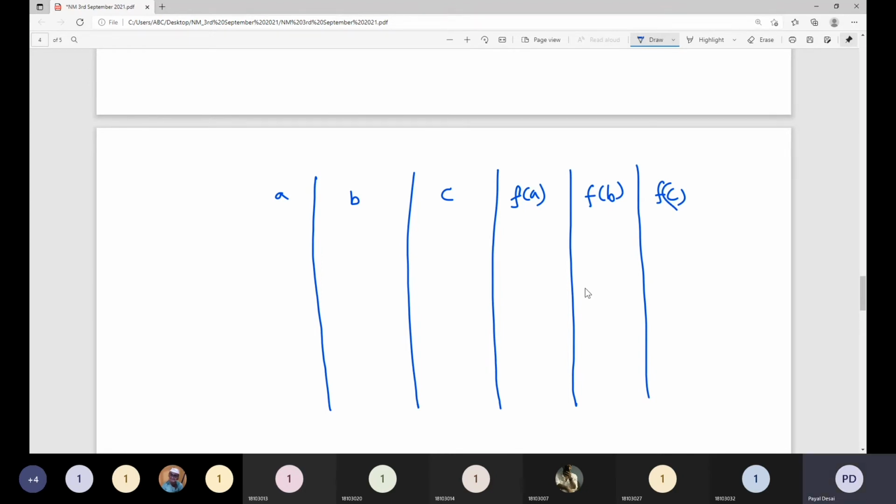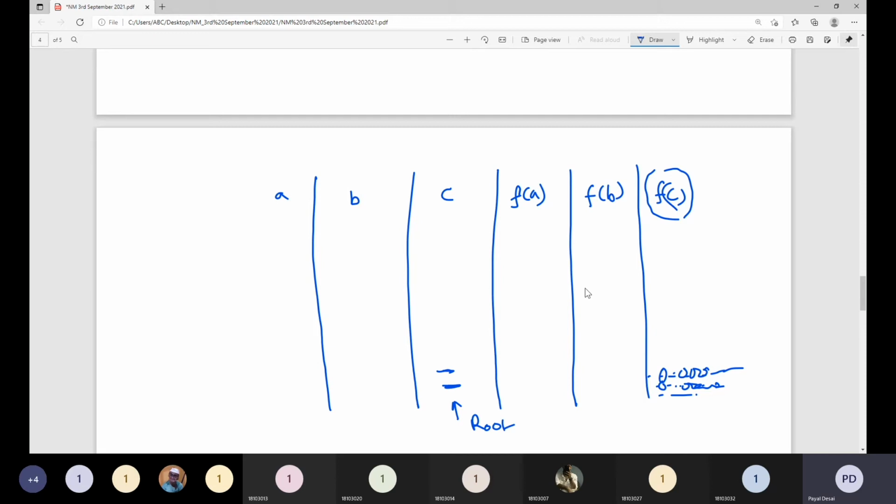Finally, what is our target? Values like 0.0000 something. Till we get these values, what is our root value of C? Somewhere here is your root.